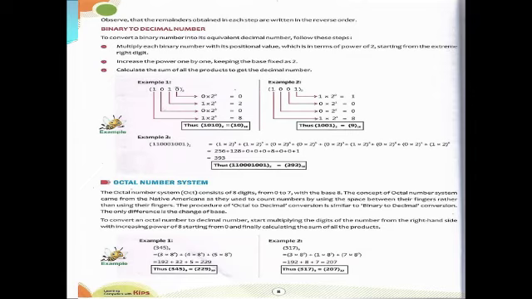Same for the octal number system. The octal number system consists of 8 digits from 0 to 7 with the base of 8. The concept of the octal number system came from the Native Americans, as they used to count numbers by using the spaces between their fingers rather than using their fingers.